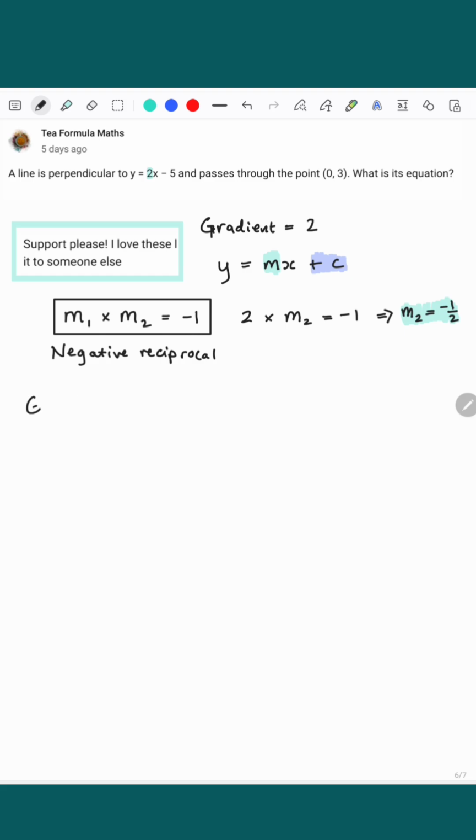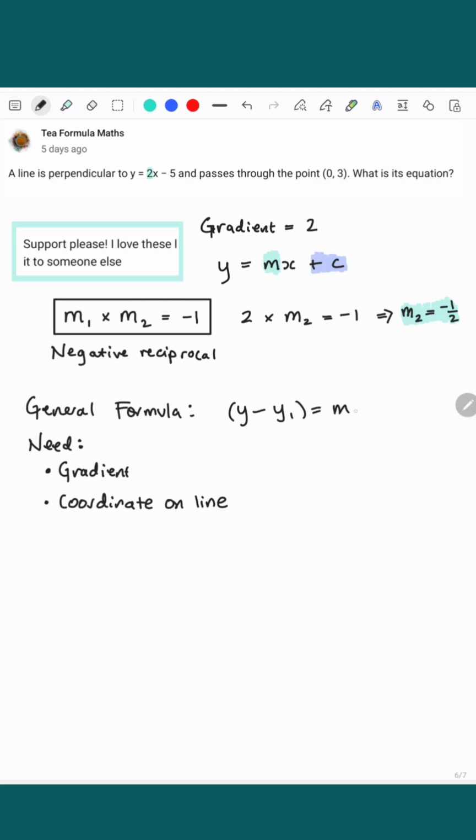The general formula is usable if you have the gradient and a coordinate on the line. The general formula is y subtract y1 equals m(x subtract x1). It makes it look fairly complicated, but it's really useful. We know what m is already, and if we put something into this, we can find the remainder of the equation pretty quickly.